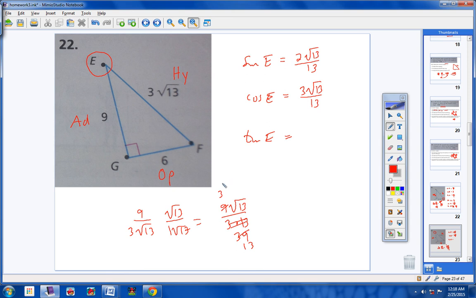Tangent is opposite over adjacent, 6 over 9, which reduces to, of course, 2 over 3.